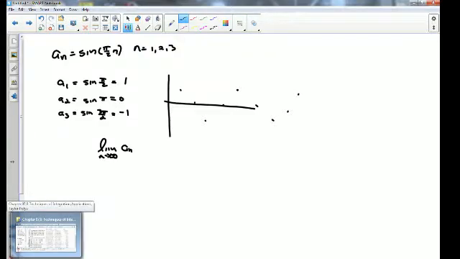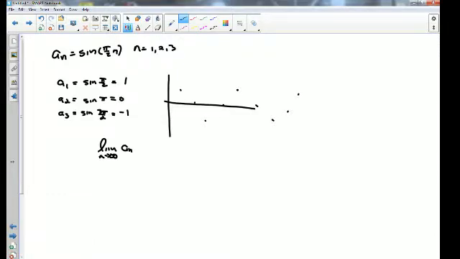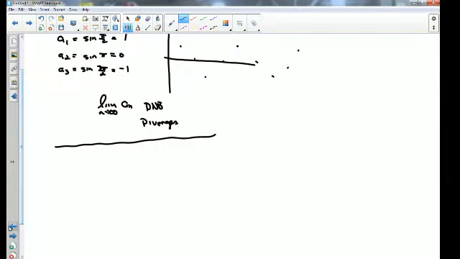So this does not exist, right? That's how we would answer that. We would say this sequence diverges. Let's see here. How about the sequence?